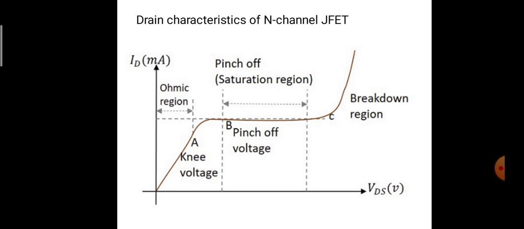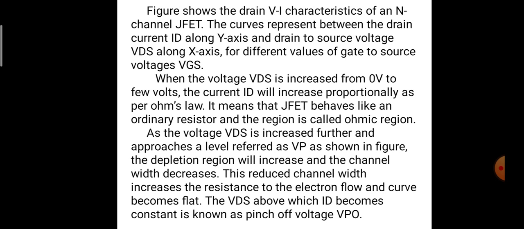Figure shows the drain V-I characteristics of N-channel JFET. The curves represent the drain current ID along the y-axis and drain to source voltage VDS along the x-axis for different values of gate to source voltages VGS.